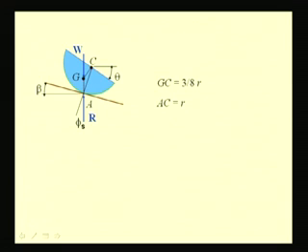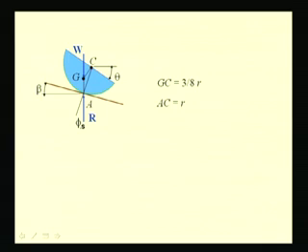For the impending motion case where the hemisphere starts to slide along the incline, this angle, that is the angle between the resultant and the normal to the inclined plane, is equal to phi s, the angle of static friction.